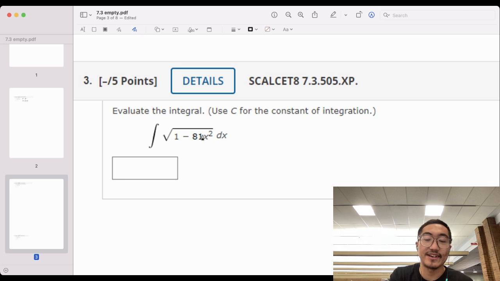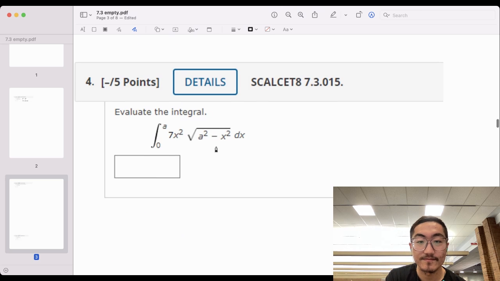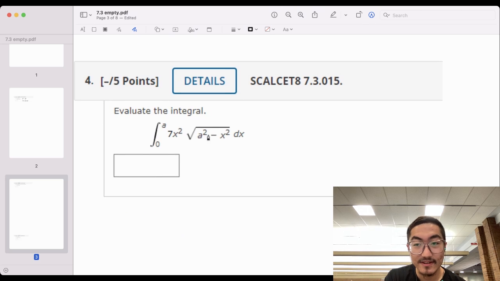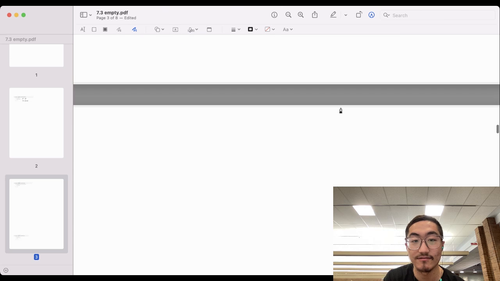In this case, a is going to be 1, because this is 1 squared minus 9x squared. So be careful. Number 4, just follow a squared minus x squared. So x is going to be a sine theta, then do the u substitution, then finish this integral.